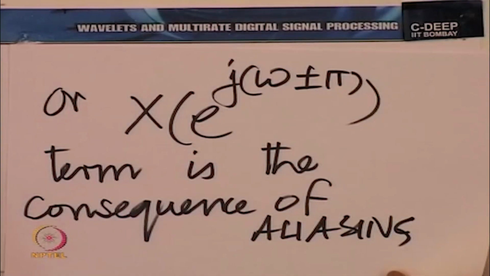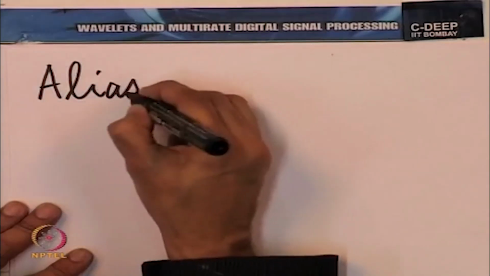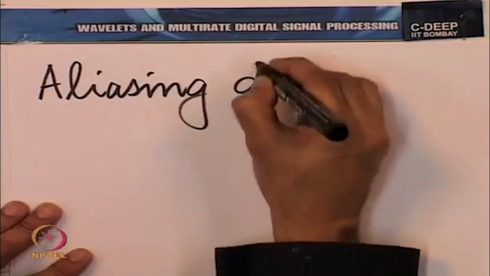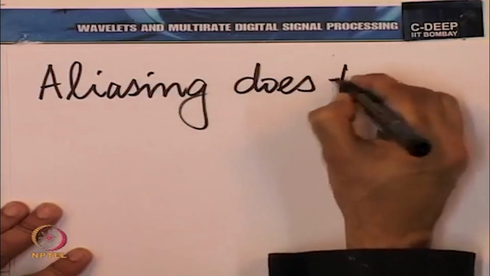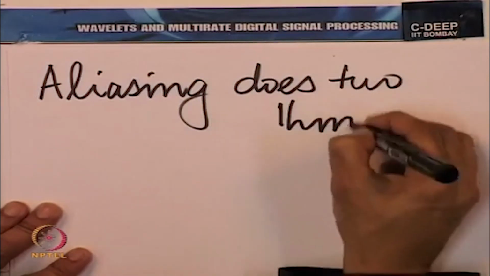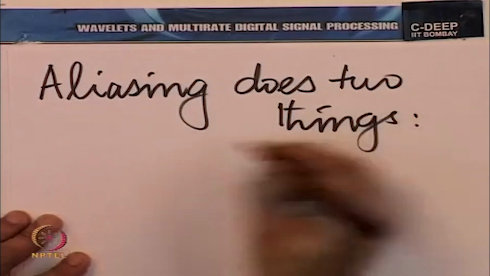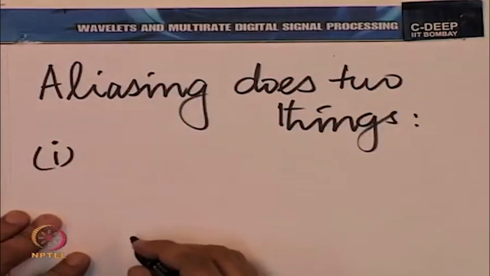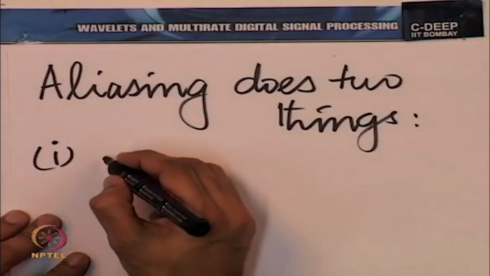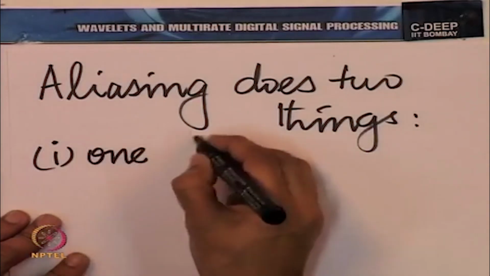What is the consequence of aliasing? We should put it down very clearly. Aliasing does two things. One, one frequency manifested as another.